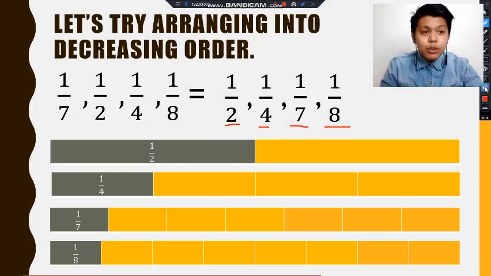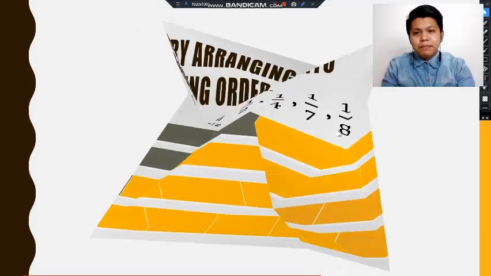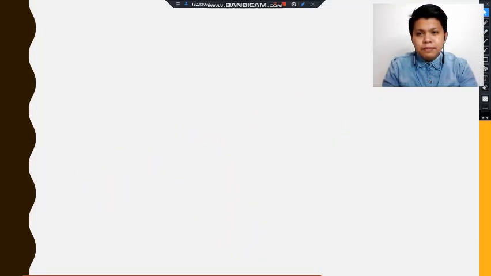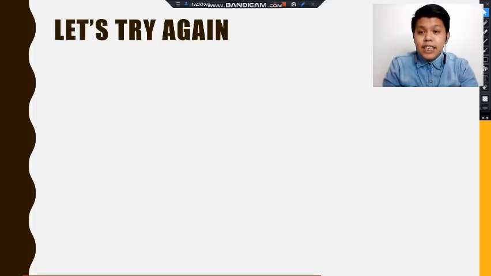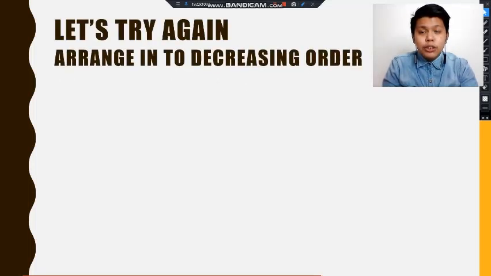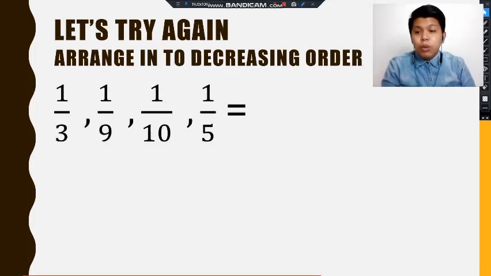Now let's try to have another example. Okay, so here's what you're going to arrange into decreasing order. 1/3, 1/9, 1/10, and 1/5.